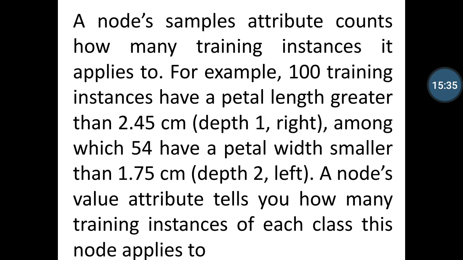A node's samples attribute counts how many training instances it applies to. For example, 100 training instances have a petal length greater than 2.45 centimeters, depth 1, right, among which 54 have a petal width smaller than 1.75 centimeters, depth 2, left side. A node's value attribute tells you how many training instances of each class this node applies to.